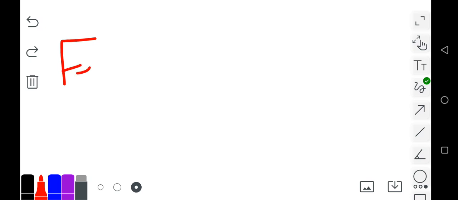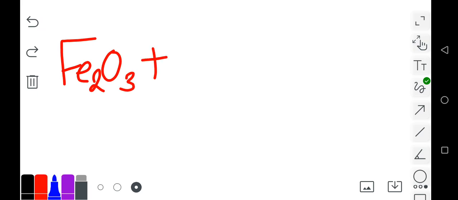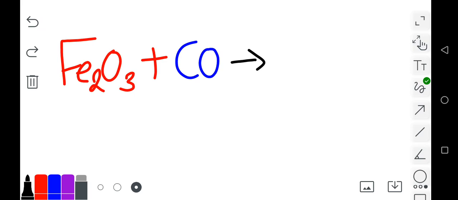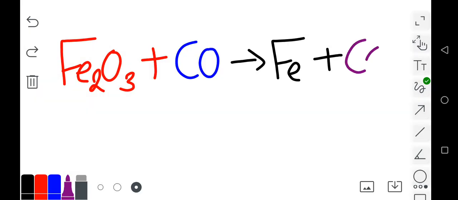If you have the hematite, which is iron 2 oxide, plus carbon monoxide, you're going to get iron metal plus carbon dioxide.